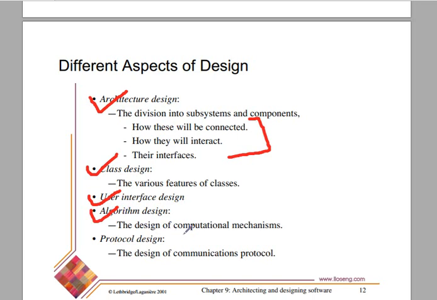After that, there is another kind of design called database design. In database design, you are going to design how data is persistently stored so that it may be accessed by many programs or users over an indefinite period of time, right?